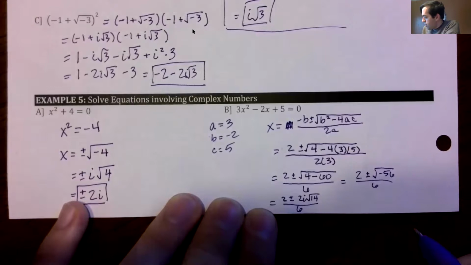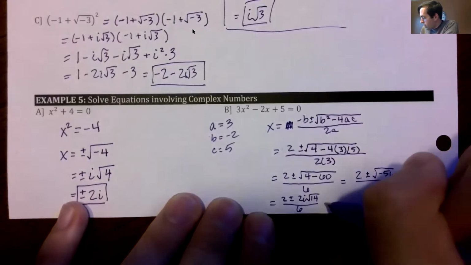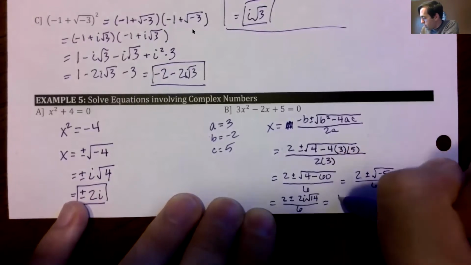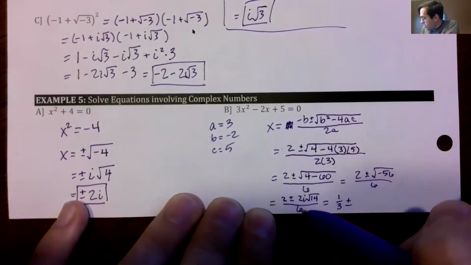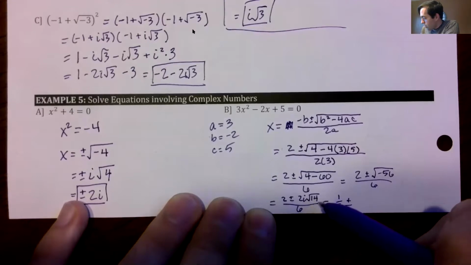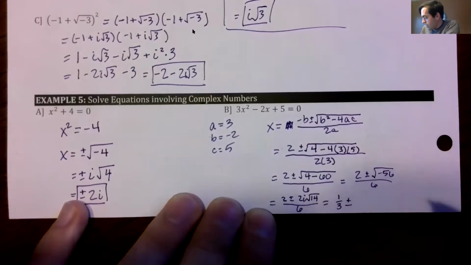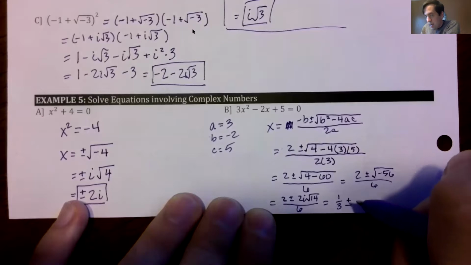And then for the last step, I want to just write this in a nicer format. So 2 over 6 becomes 1/3. The 2 over 6 again becomes 1/3. The root 14 does not get divided by 6, within the root.